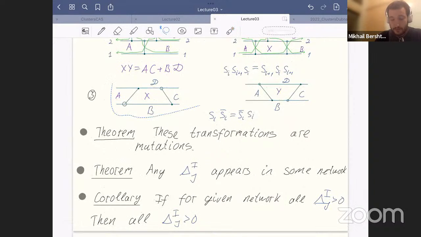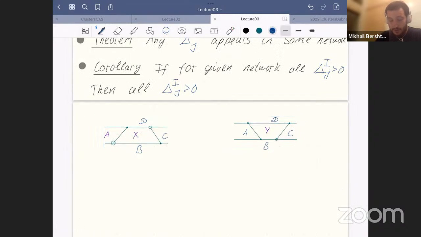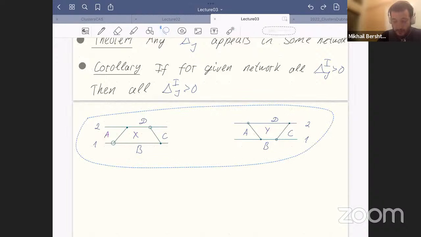Let me write this. And let us assume for simplicity that this is just the 2 by 2 case. So here 1 and 2. Then by definition, B is equal to 1. Let me copy it again.